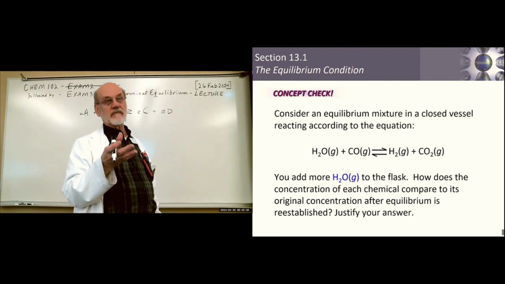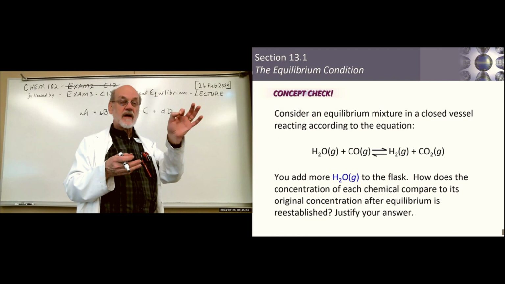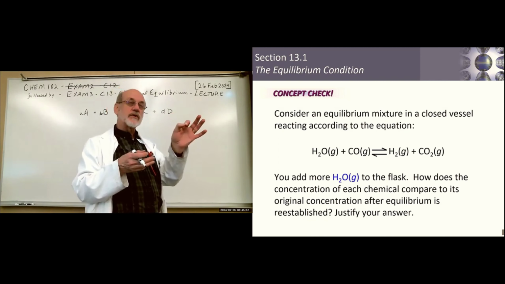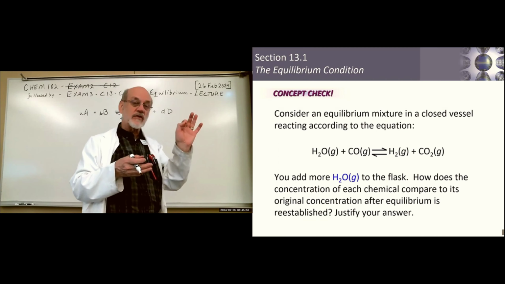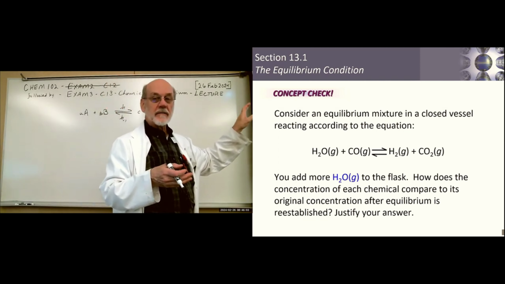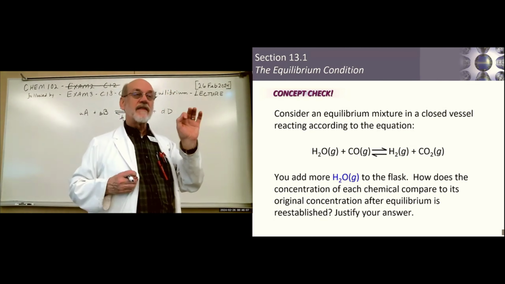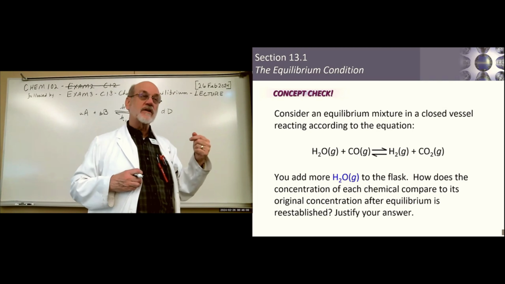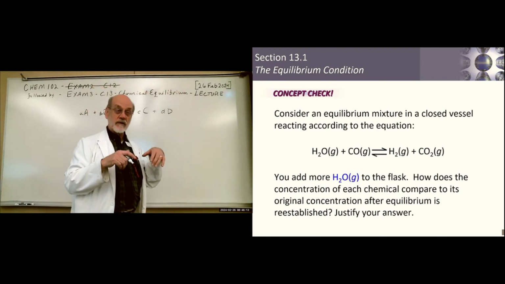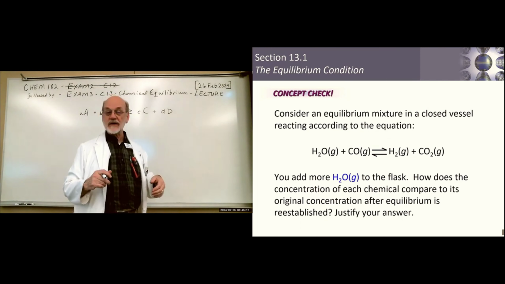Well, initially, at an instant of time, the reverse rate doesn't change. But as you start to produce more hydrogen and carbon dioxide, now they become reactants in the reverse reaction, and the reverse reaction increases its rate. And you will eventually reach a point where the reaction rates will balance again.